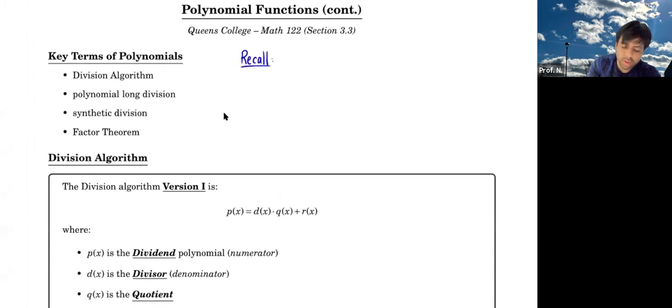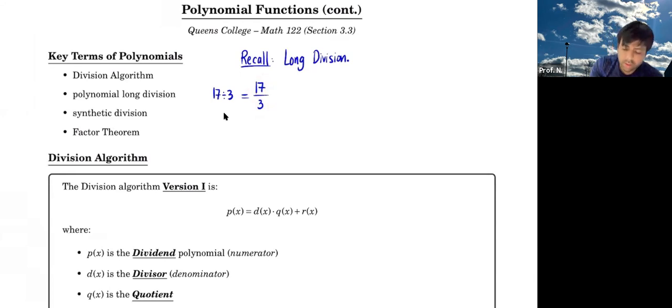So recall long division, right? You probably looked at this maybe in elementary school, most likely in middle school. When you do 17 divided by 3, for example, I can write this as 17 divided by 3 like this, or 17 over 3. They mean the same thing.